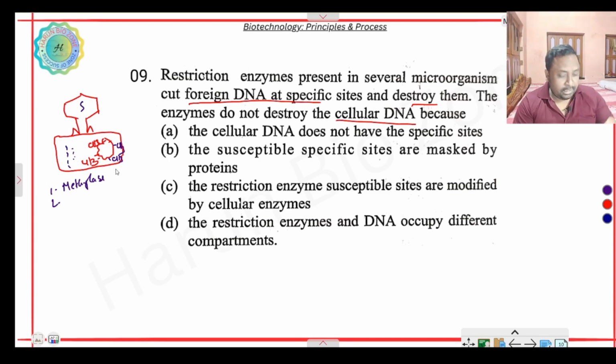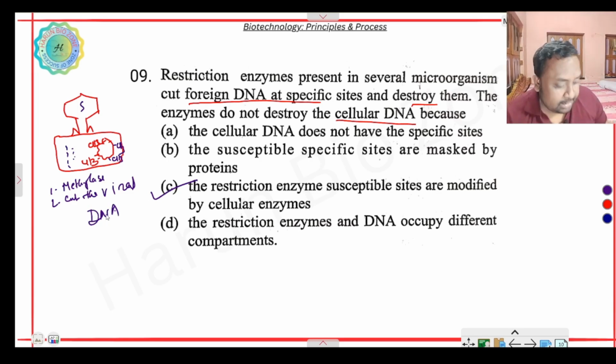The restriction enzyme susceptible sites are modified, catalyzed by a particular enzyme. Which enzyme? The methylase enzyme. And the second function is to cut the viral DNA. So here C is the correct option.